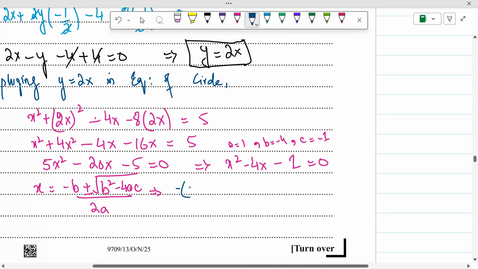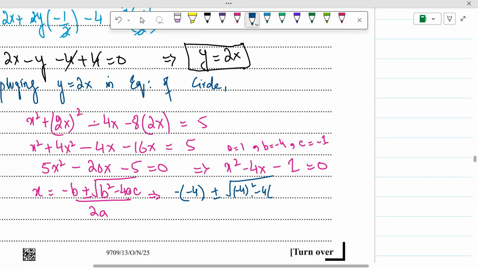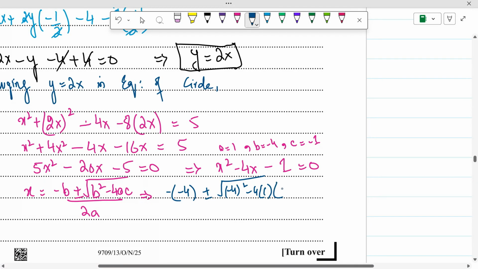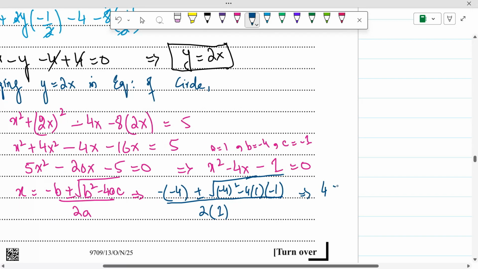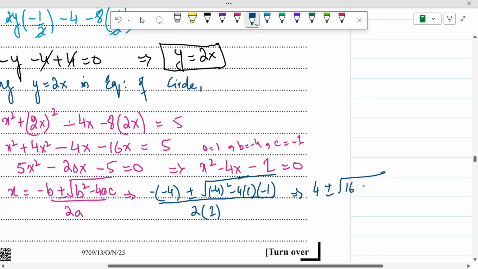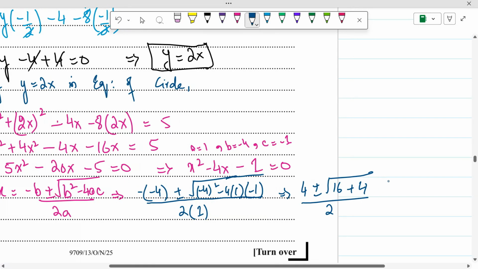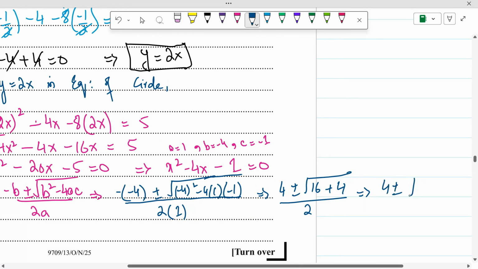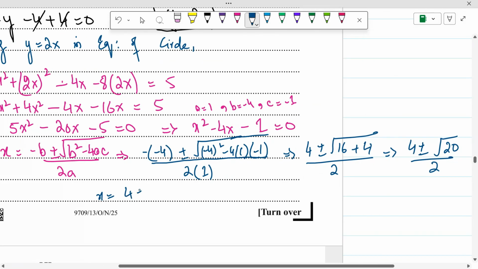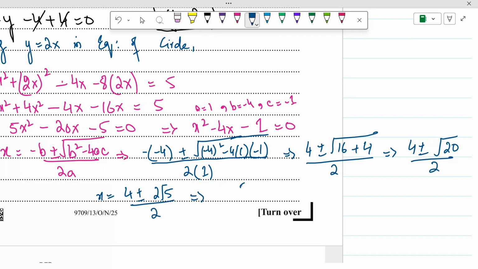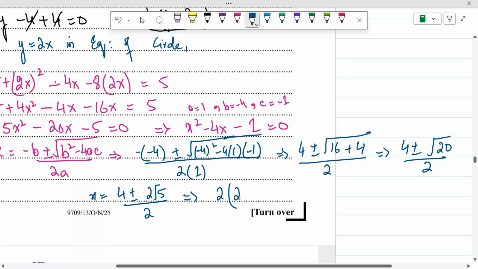Plugging in, we have x = (4 ± √((−4)² − 4 × 1 × (−1))) / (2 × 1), which is (4 ± √20) / 2, so x = (4 ± 2√5) / 2, and taking 2 common, we have 2(2 ± √5) / 2.